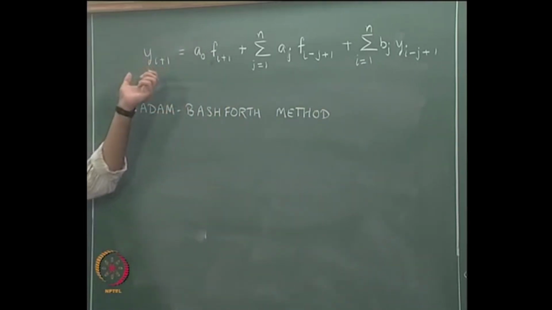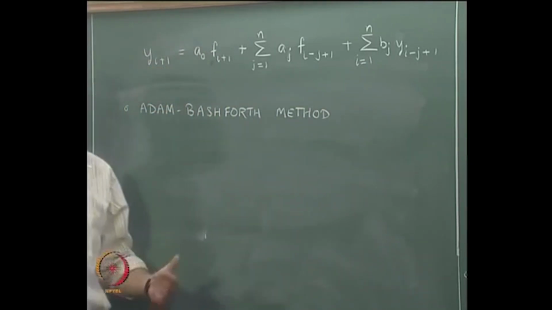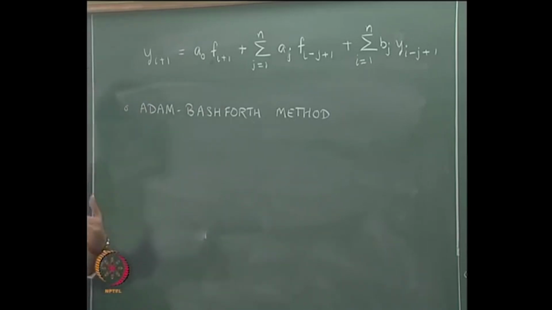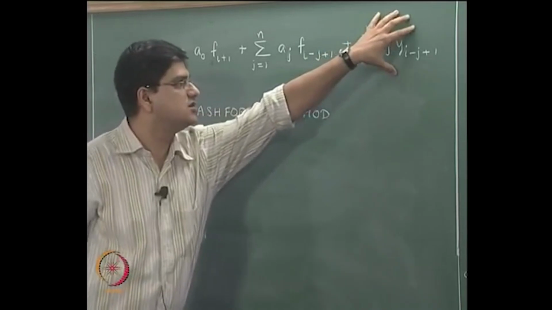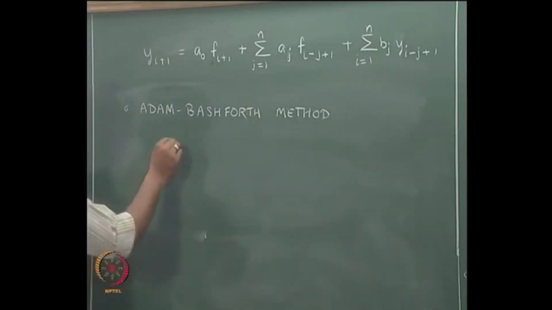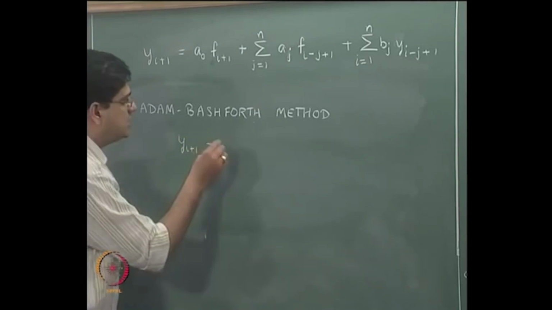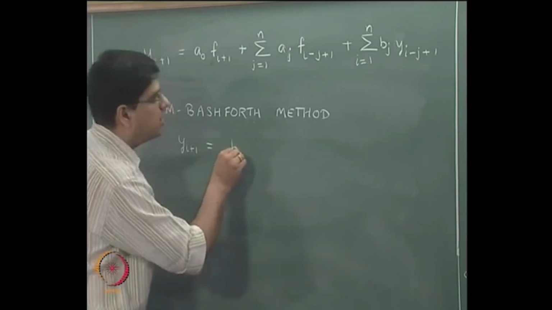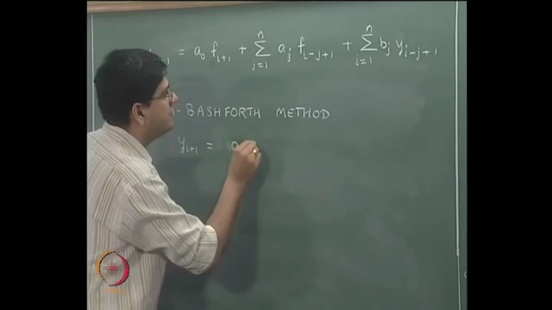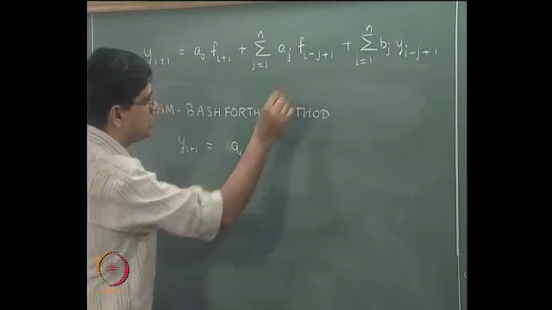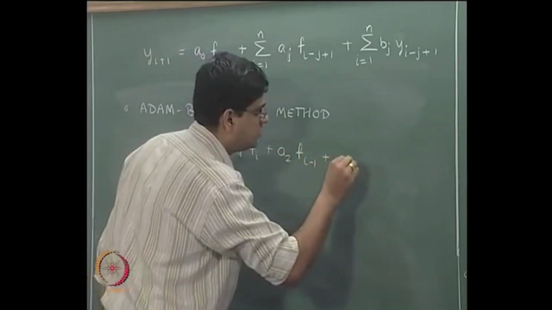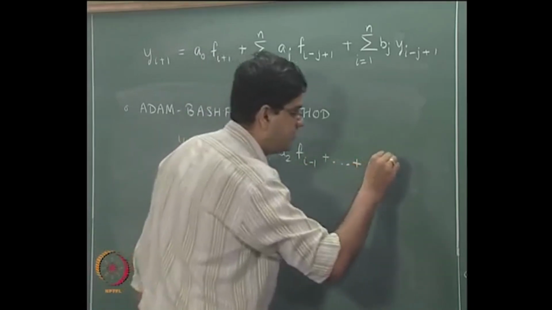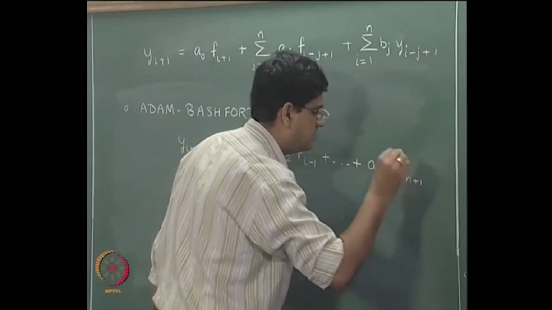So y i plus 1 is going to be computed based on the past f values, or past slopes, at the points that we have already computed. So this term disappears, and this term also disappears in the Adams-Bashforth method, and we will get y i plus 1 equal to a1 fi plus a2 f i minus 1 plus so on up to an f i minus n plus 1.